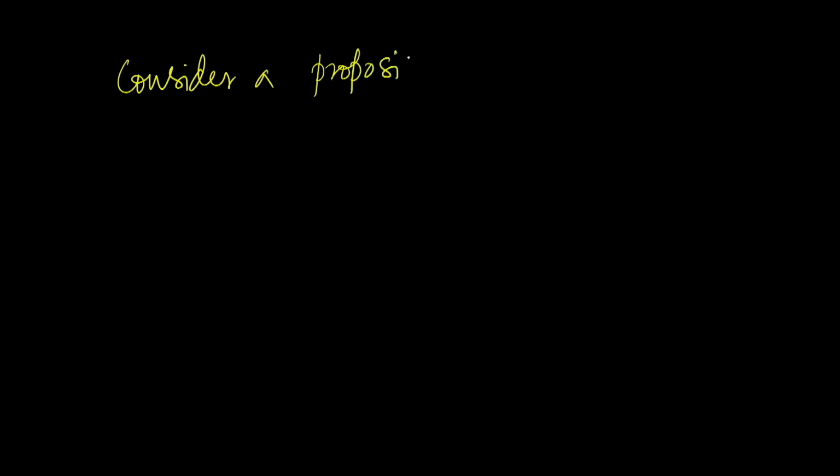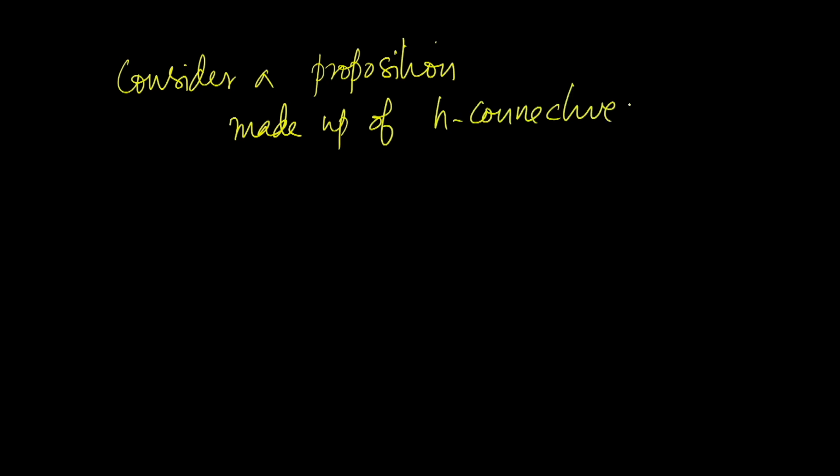Consider a composite proposition made up of h connectives. So in this, the only connective that has been used is h. And here both the inputs are, let us say, 0, on which we apply this h connective, and it produces a 0.